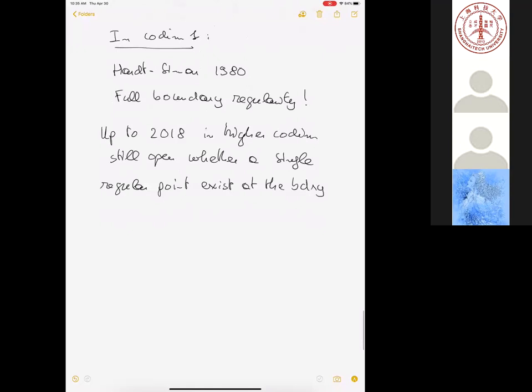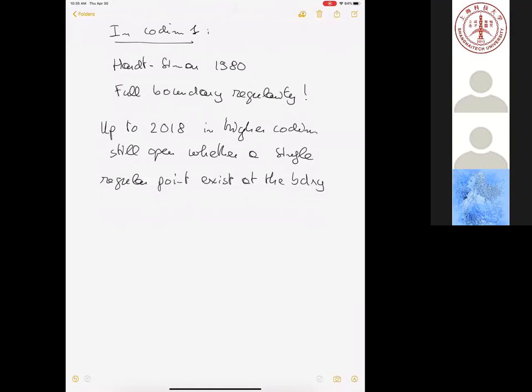And let me point out that, okay, so this is of course true in a general Riemannian manifold. In Rn, as I said, there is at least some boundary regular point by Allard's argument.